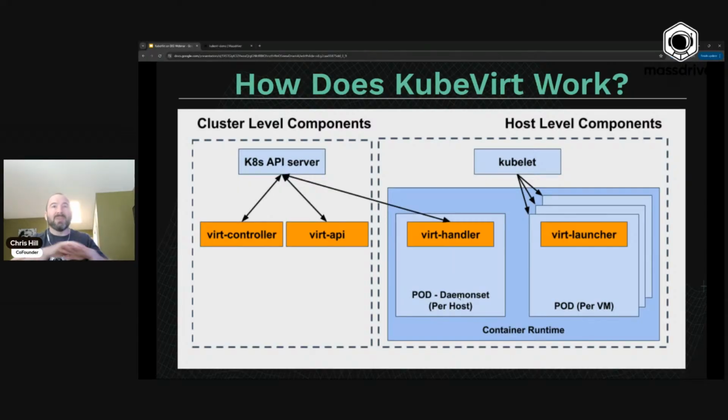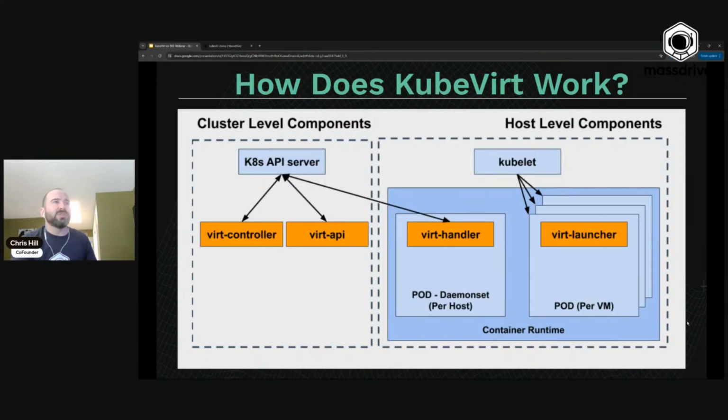It's going to run on every node that it needs to run on, and generally will also interface with the node itself to do things. And so Virt handler is going to need to run on all of the bare metal nodes. It doesn't need to run on the non-bare metal, but it needs to be wherever VM workloads could potentially be scheduled. So that's what the Virt handler is.